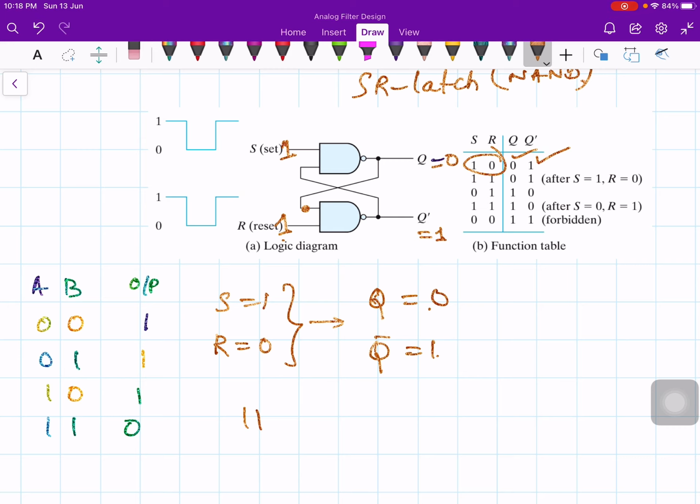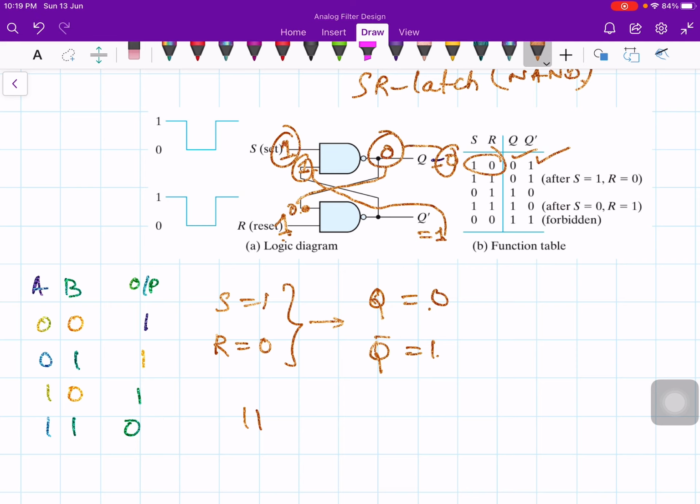Now look at here. This point is 0, this is coming over here, and this is 0. One input is 0 and the other input is 1, therefore output is 1. This 1 is coming over there, and this input also 1. So both the inputs are 1, so the output is 0.